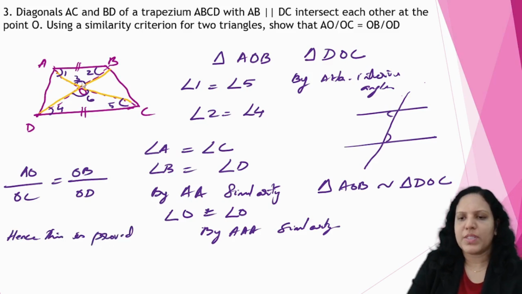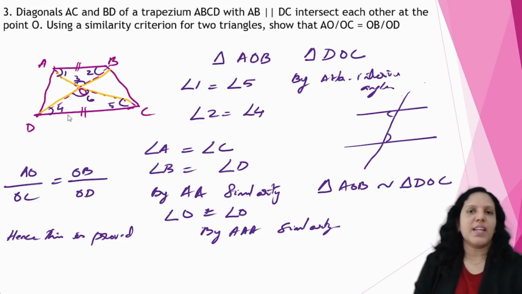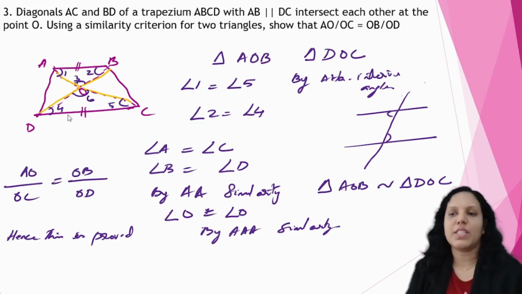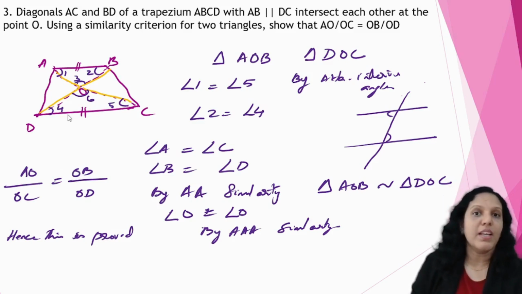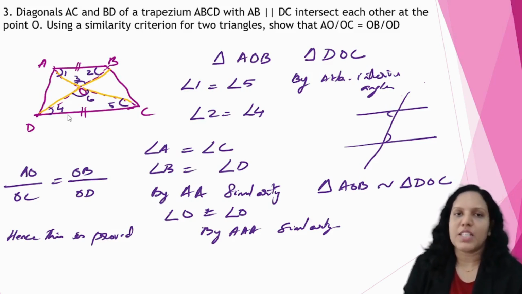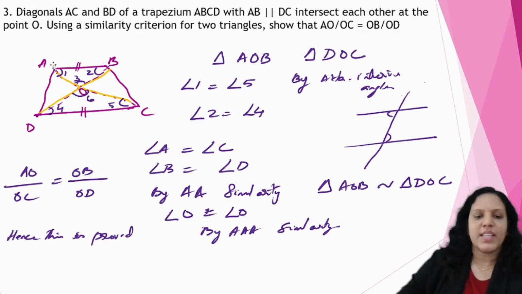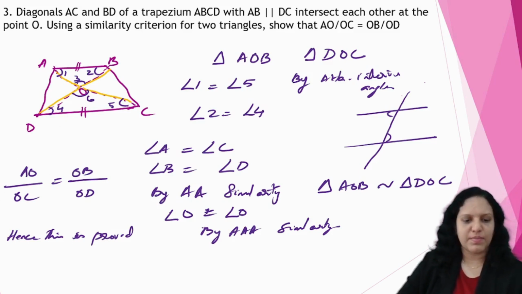AO by OC will be equal to OB by OD, because the corresponding side of AO is OC and the corresponding side of OB is OD. We proved that these two triangles are similar by the AAA similarity rule, so their corresponding sides will always be in proportion. So let's move to the next question.